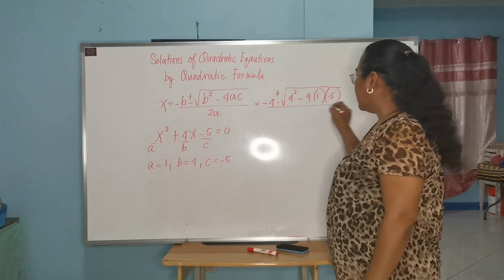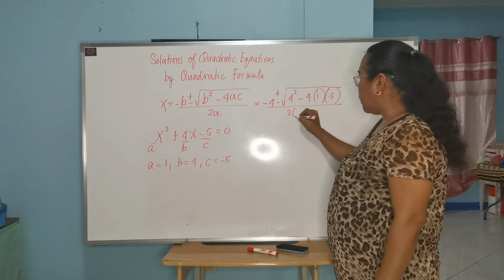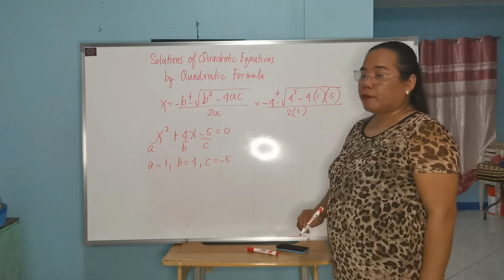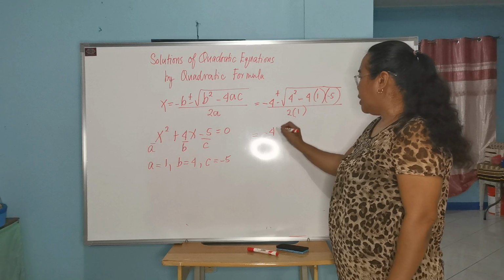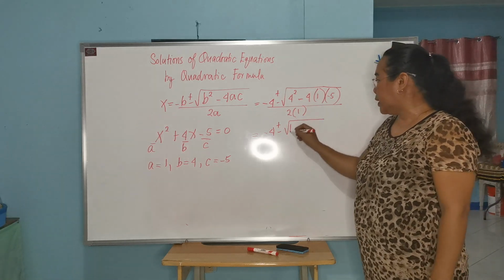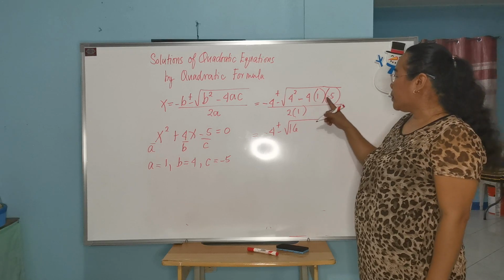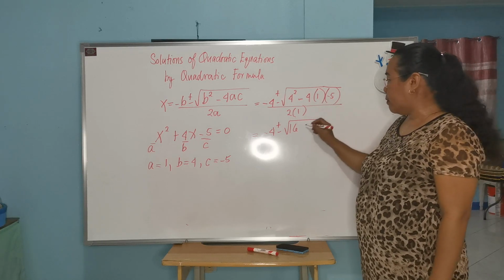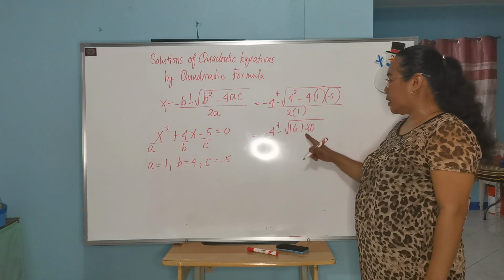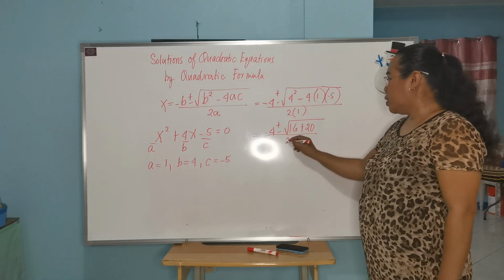Divided by 2 times a, which is also equal to 1. Simplifying it further, we have negative 4 plus minus the square of 4, which will give you 16. Negative 4 times 1 times negative 5 will give us a positive 20. Why positive? Because negative times negative is positive, over 2.